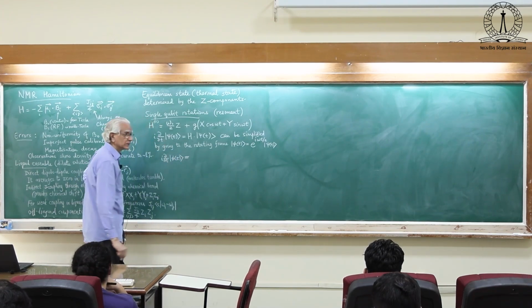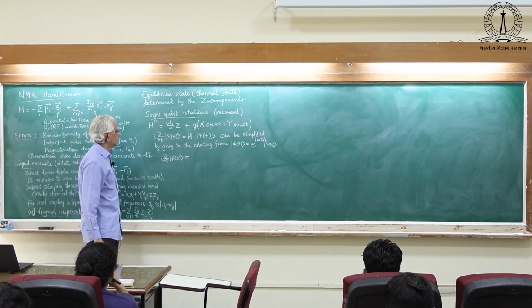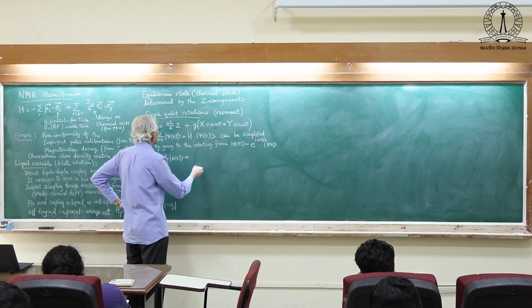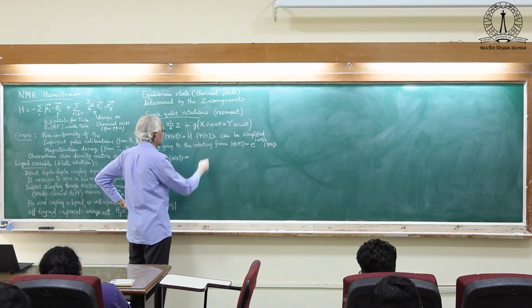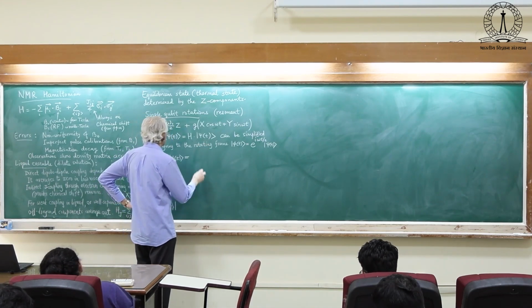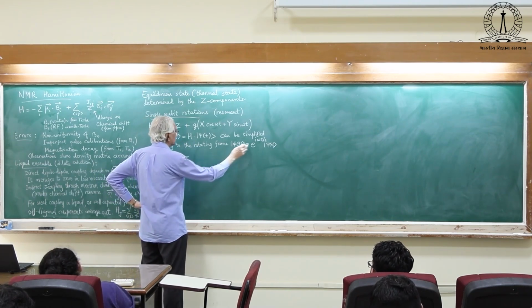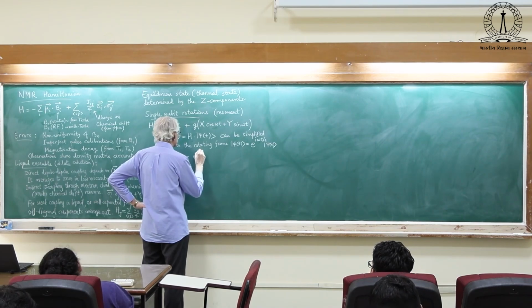We want the time evolution of this object. What is it? Well, you just have to back substitute in this particular equation. So you get phi by multiplying by this quantity.